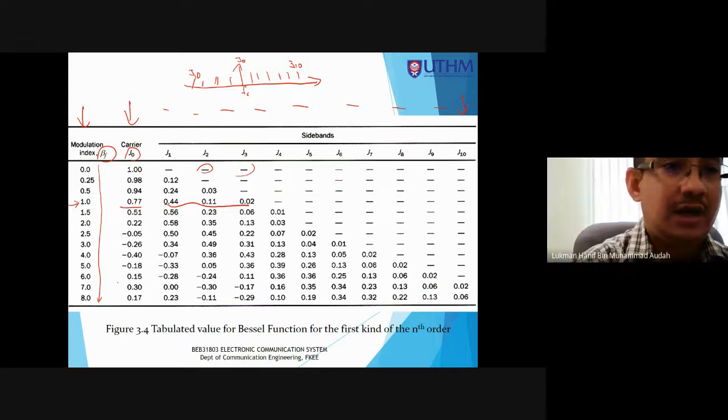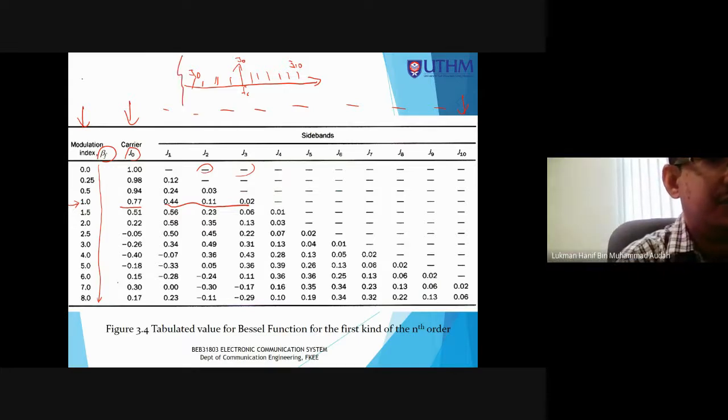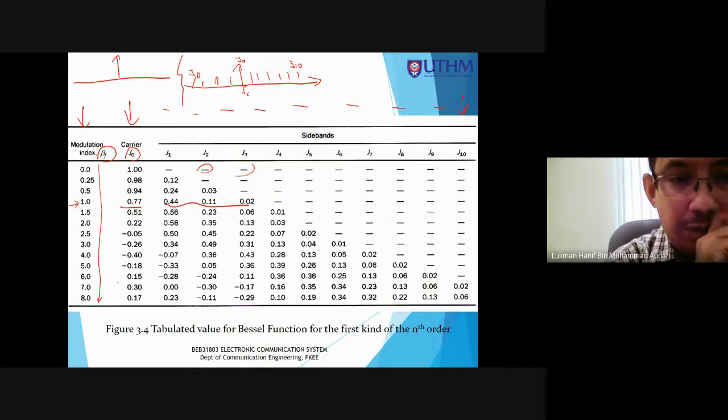Maknanya apa? Kalau kita lukis, untuk beta F bersamaan dengan 1, so we have 3 pairs of sidebands.